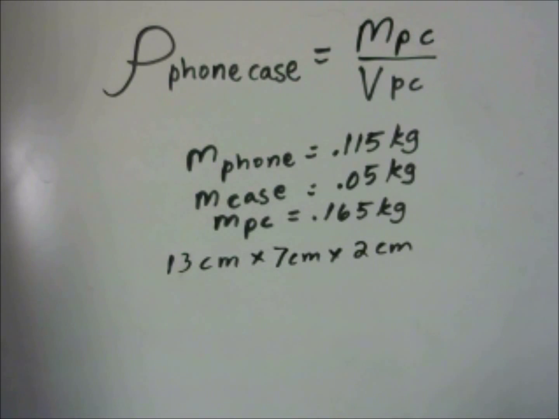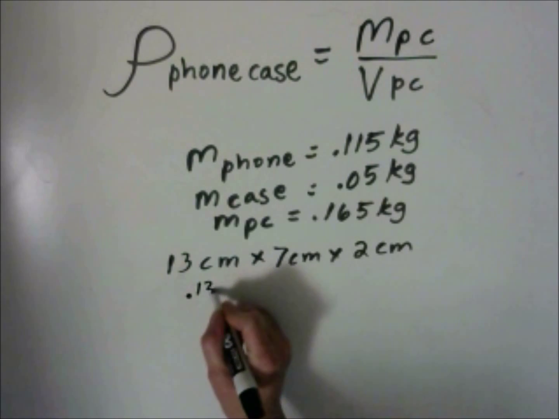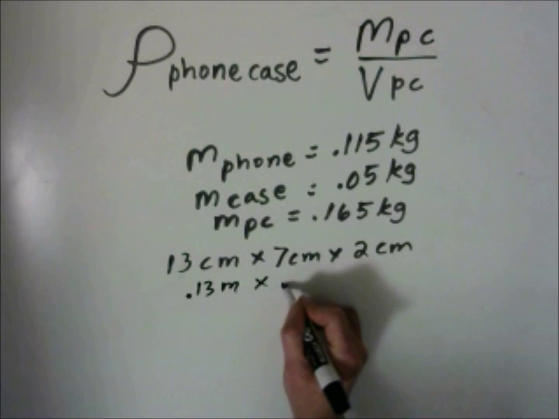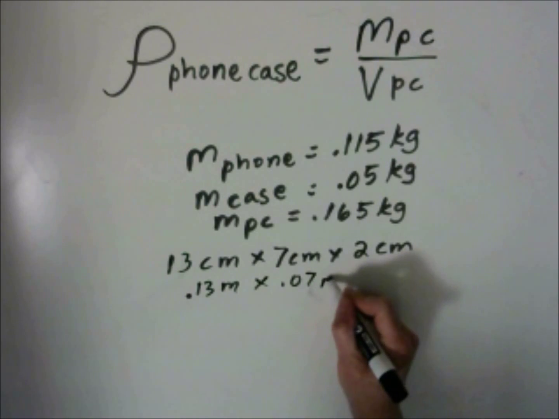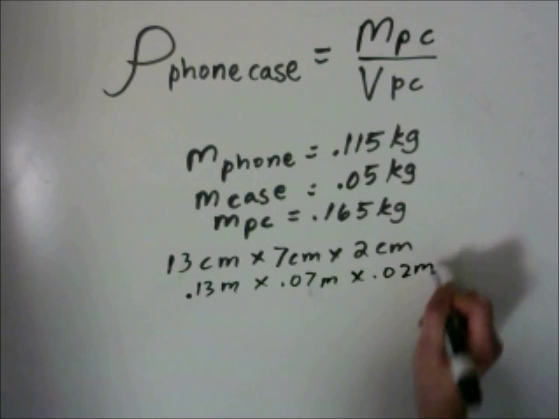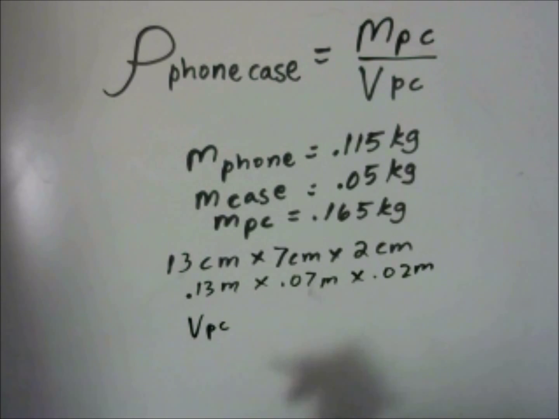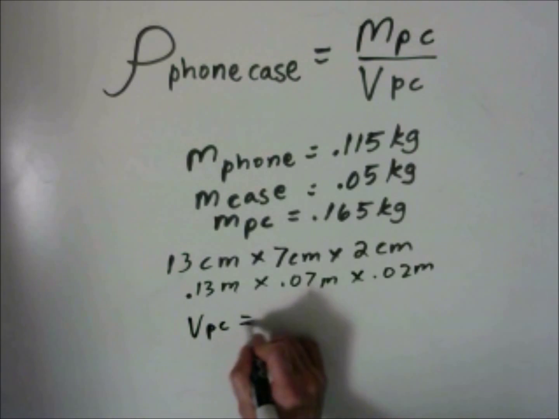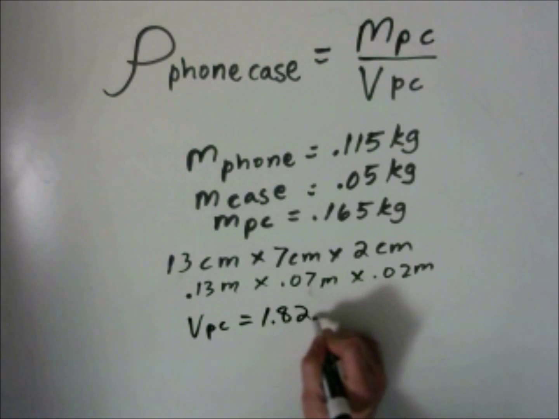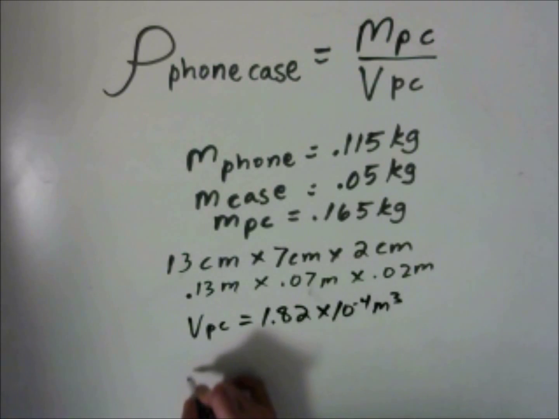Before we calculate the volume, let's convert these into meters. 0.13 meters, 0.07 meters. Multiply these together to get the volume of the phone case, and it is 1.82 times 10 to the negative 4th meters cubed.